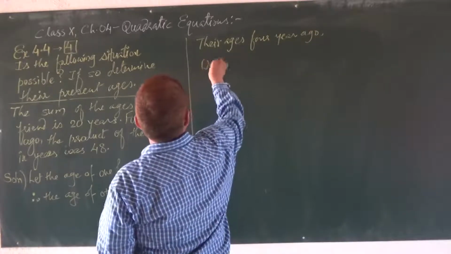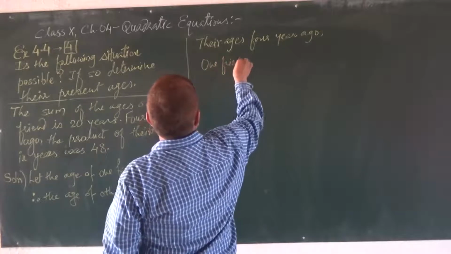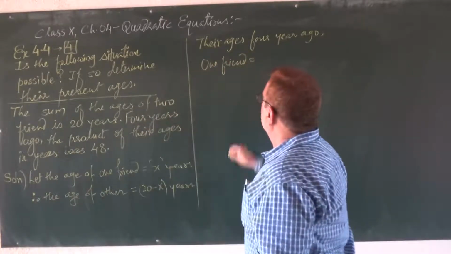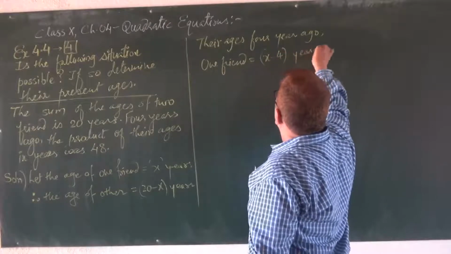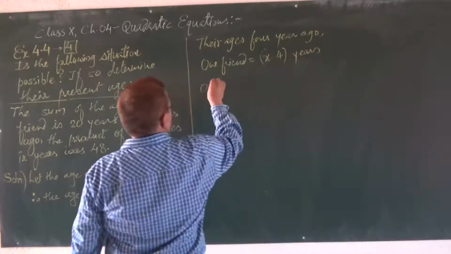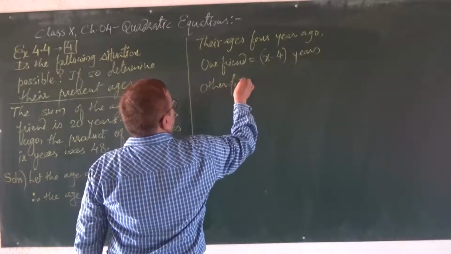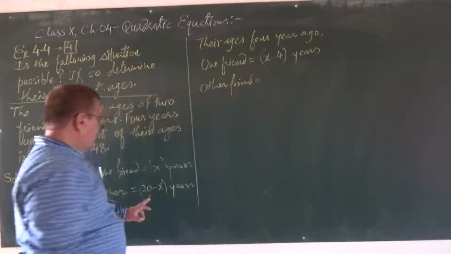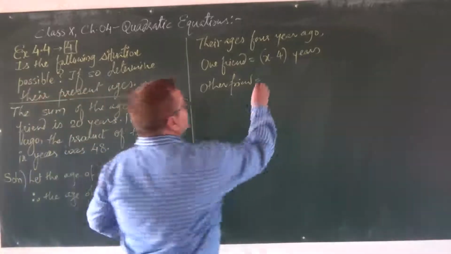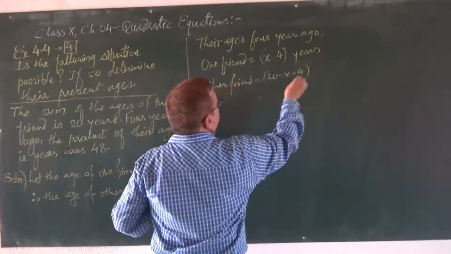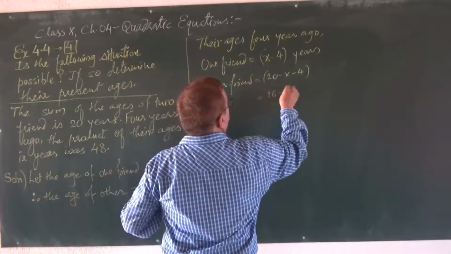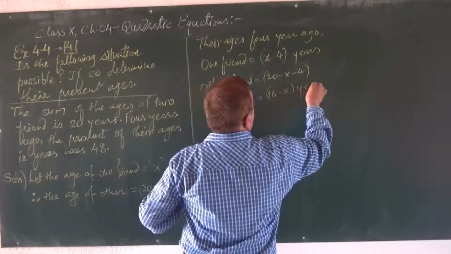One friend: now x, so 4 years ago how much will it be? x minus 4. The other friend, how much will it be? 20 minus x minus 4. Okay, so 20 minus 4 is 16 minus x years.